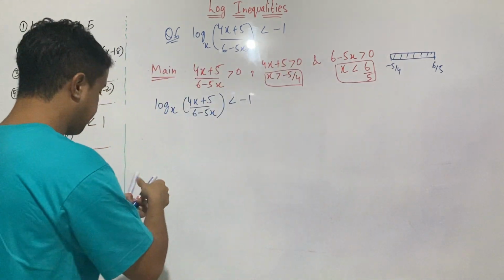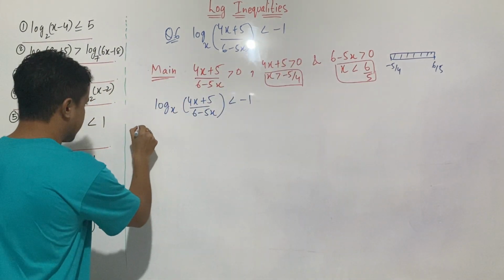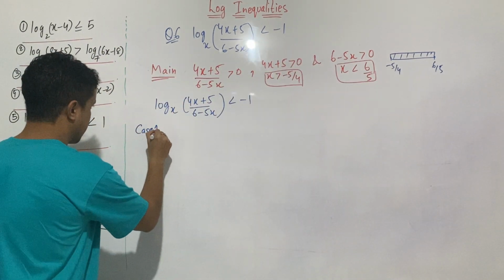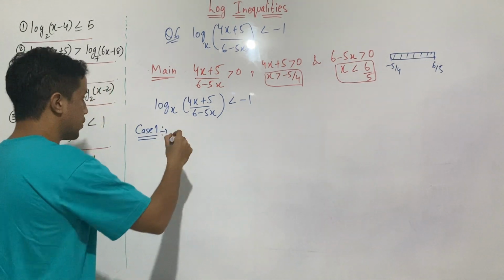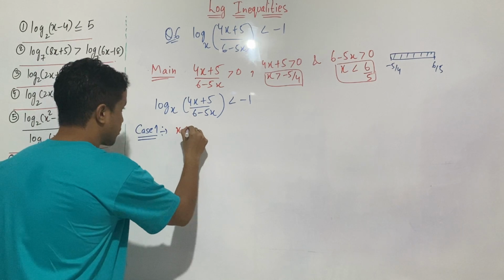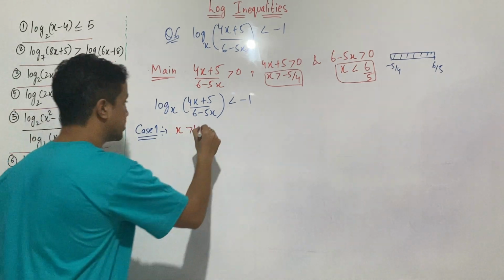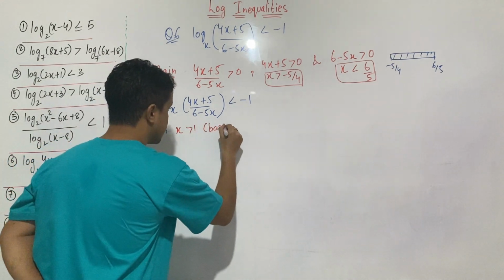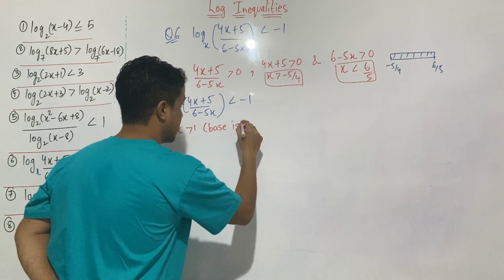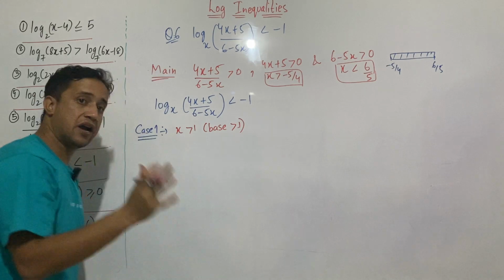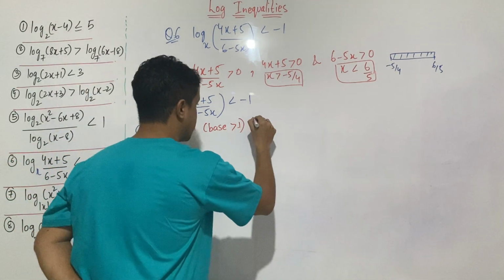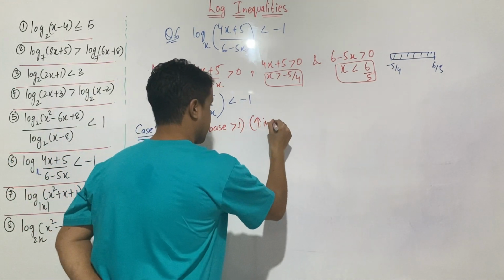So we have to take both the cases. First, I will take case 1, when x is greater than 1, which means the base is greater than 1, which means an increasing function.